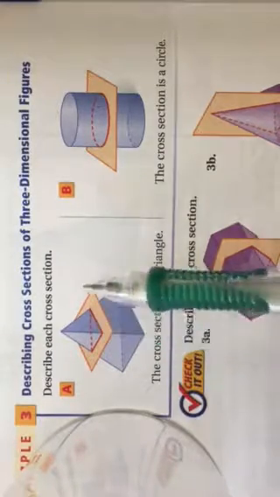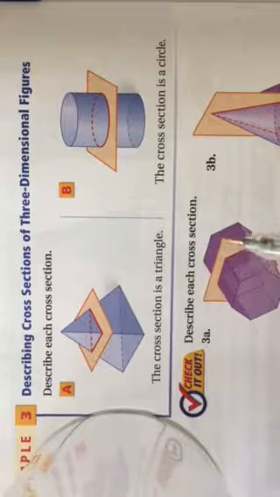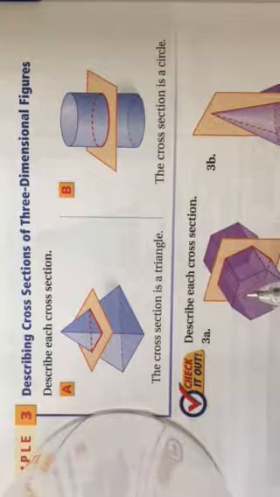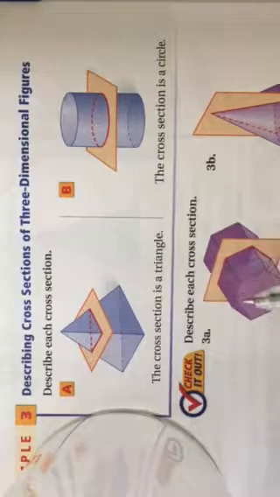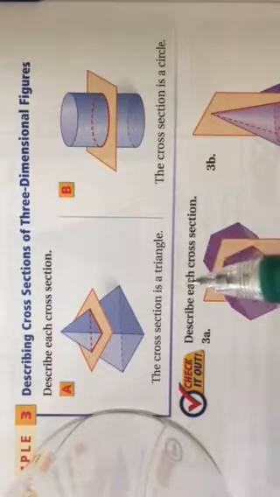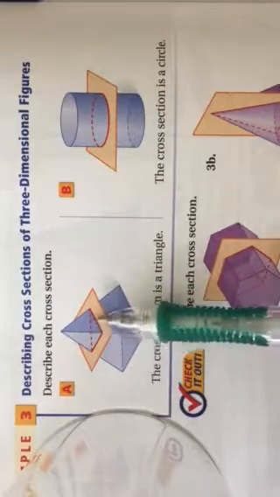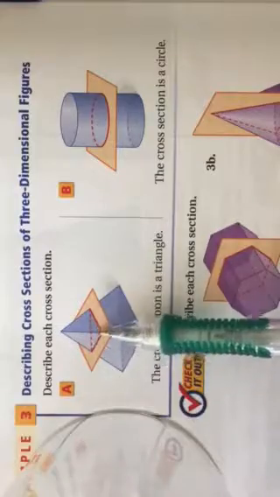That's called the cross section. That's kind of like if we could take the bottom of the pyramid away from the top of the pyramid and look at the surfaces that we cut right there. So we're looking to see what that shape is, and it's a triangle.